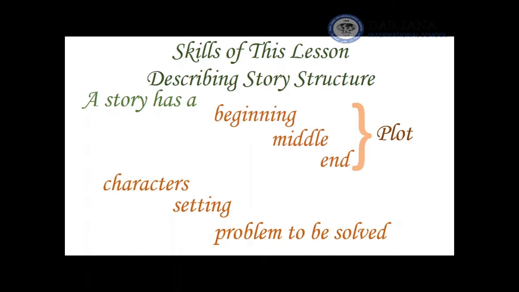Before I continue, I want you to think about the characters of Benny and the Sea Monster. Also, you could recall the setting and the problem that our character had. Now let's move on.